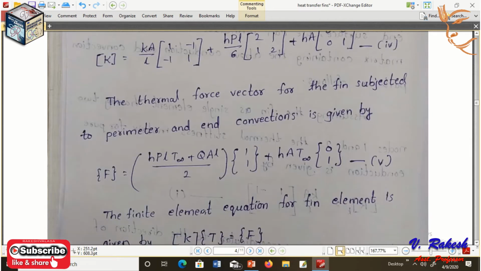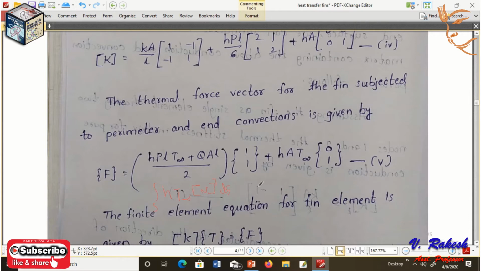The thermal force due to lateral surface heat convection is given by integral over S of h T ambient N transpose ds, where ds equals P dx. Now substituting the shape functions N1 equal to 1 minus x by L and N2 equal to x by L, we get hPL T infinity by 2 [1; 1].